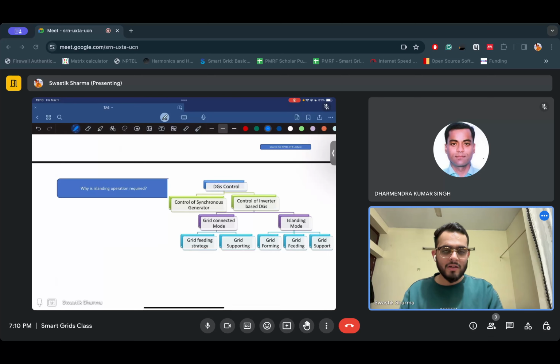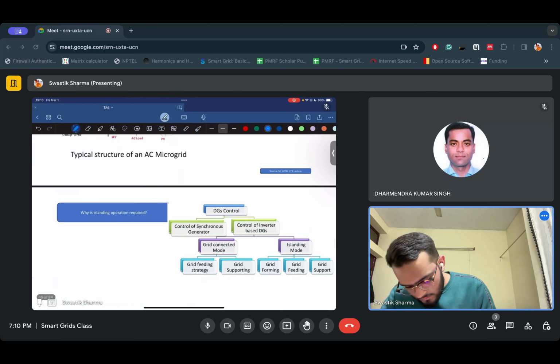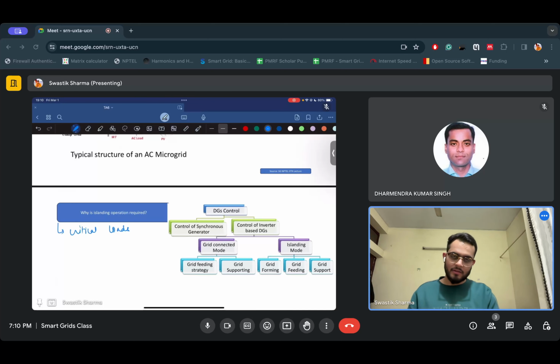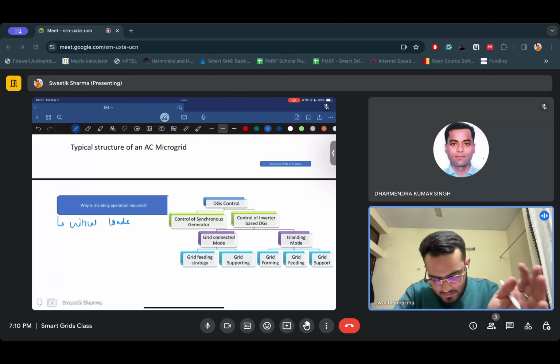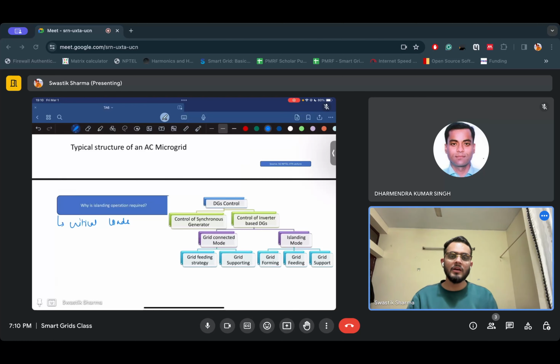You still would want your hospitals, your critical loads, to be supplied, right? So these critical loads can be supplied when the microgrid works in an islanded mode of operation. But for that, you require control over your distributed generations. For both grid connected and islanded mode, your DGs need to be controlled so that the grid reliability is maintained at all times.